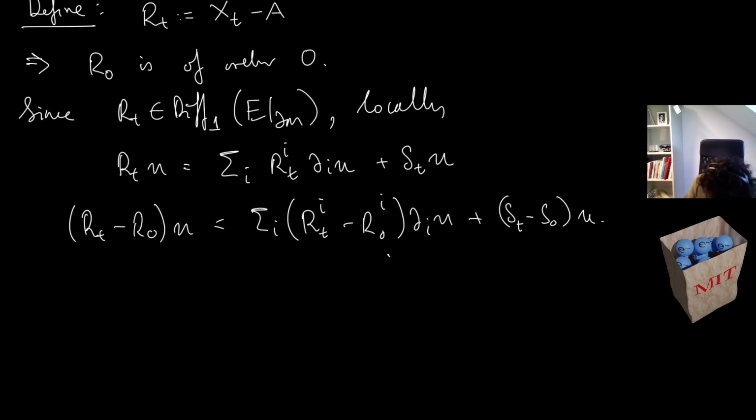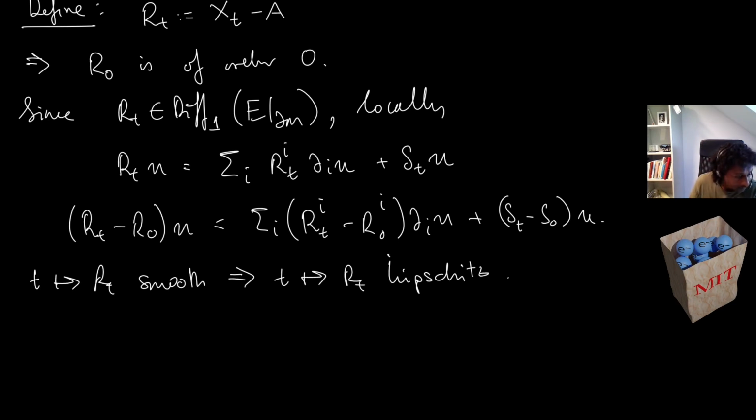Let me note the following, right? So t maps to R_t is clearly smooth. And in particular, that means that t maps to R_t is actually Lipschitz. And also t maps to S_t is Lipschitz, trivially, right? So this is R_t and t maps to S_t smooth.